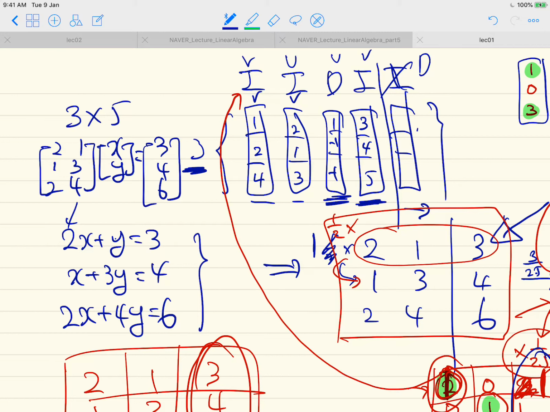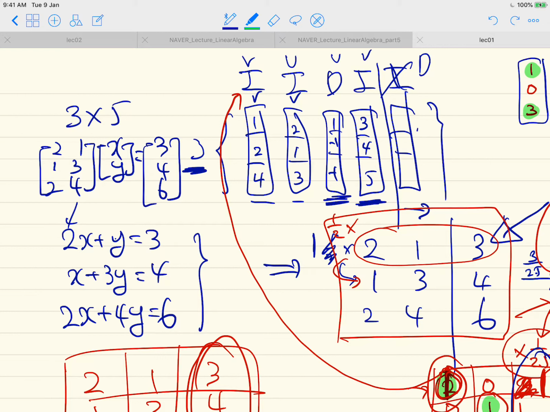Initially we were given each equation row-wise, each equation represented as a row. But as a whole set of multiple equations, it can be rearranged into one single equation, where we have the coefficient matrix on the left, the variable vector, and the resulting vector on the right. You can easily verify that: this row times this vector, the inner product, should be the same as 3, and so on.